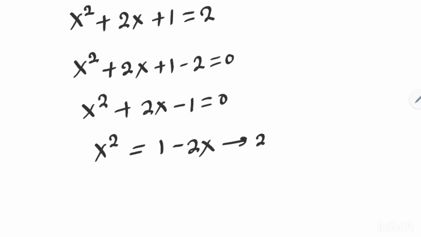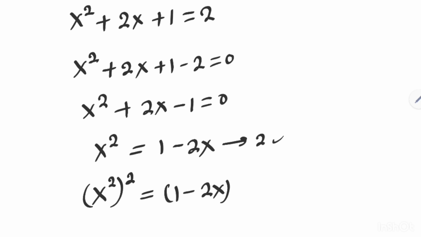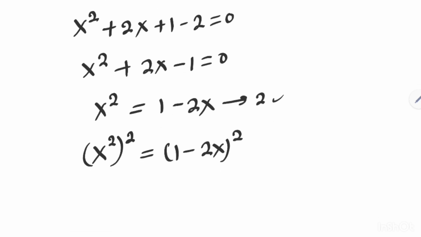Now let us square both sides of this equation 2 again. We have x squared all squared is equal to 1 minus 2x all squared. Take note of this, that if you have a raised to power n to the power of m, this is equal to a raised to power m to the power of n.